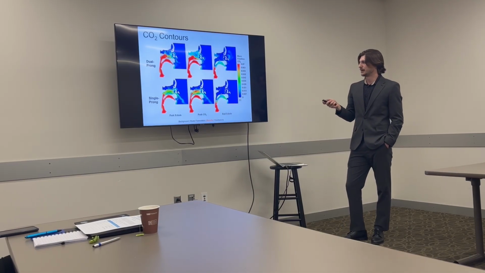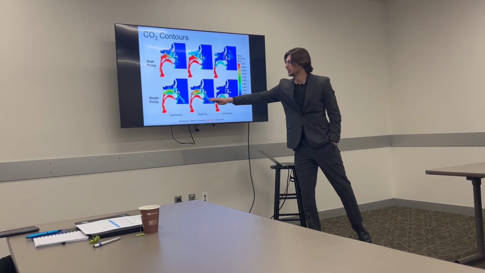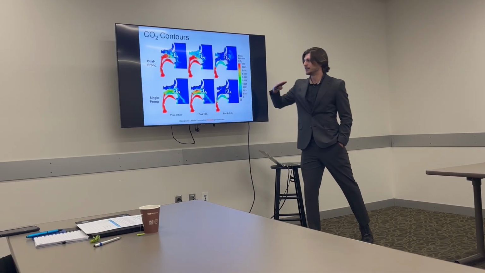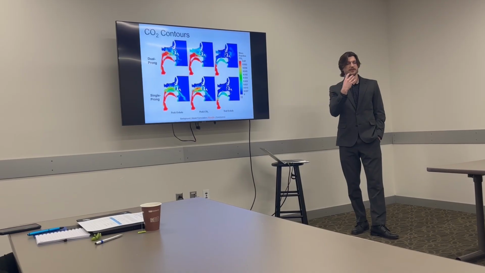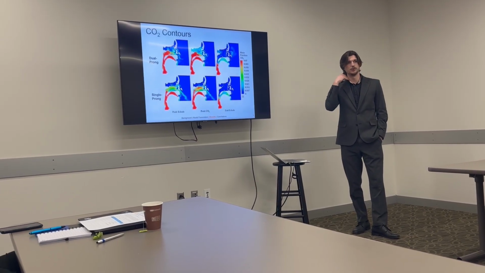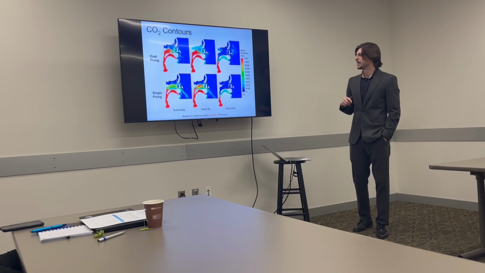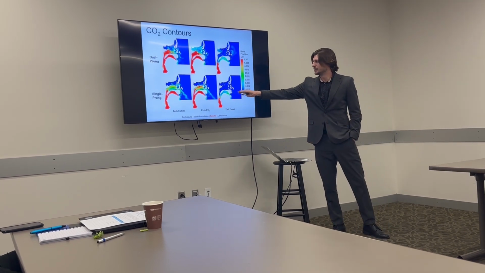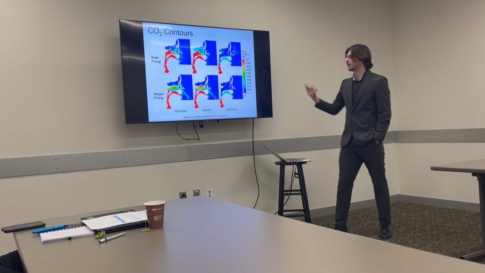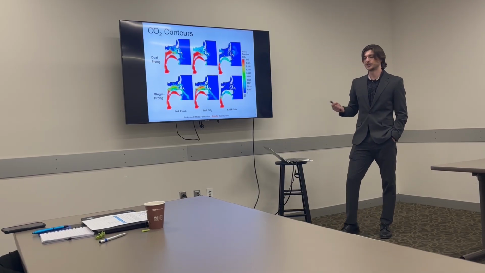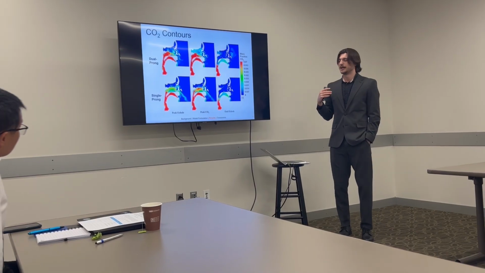Now we can see that during peak exhale and peak CO2, we have high concentrations of CO2 in the nasal passageway, and that's what we'd expect. That's what we want, because we want that stale expiratory flow to be moving through this open passageway. But by end exhale, we can see zero or near zero concentrations of CO2 in the upper airway for single prong.